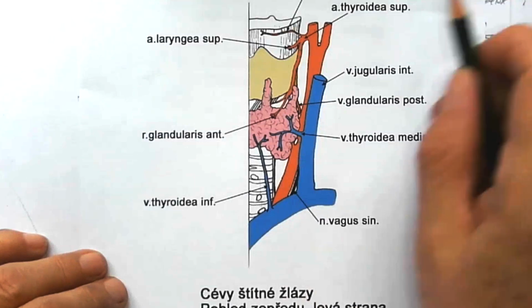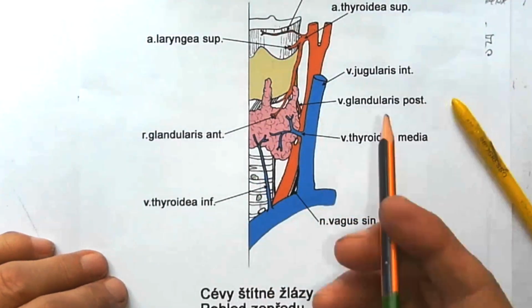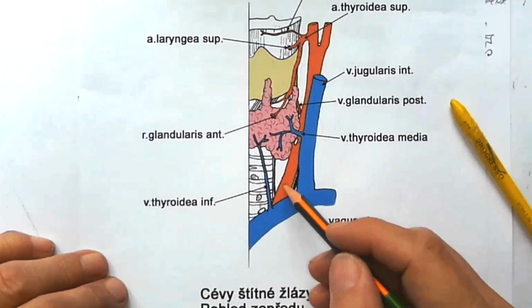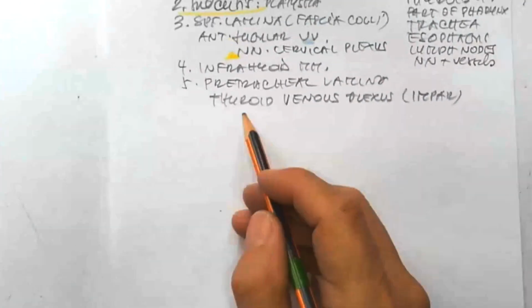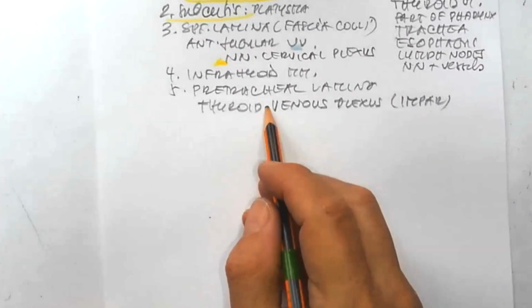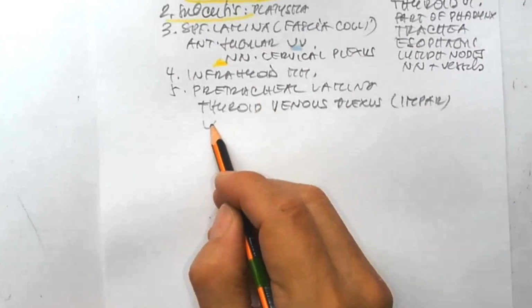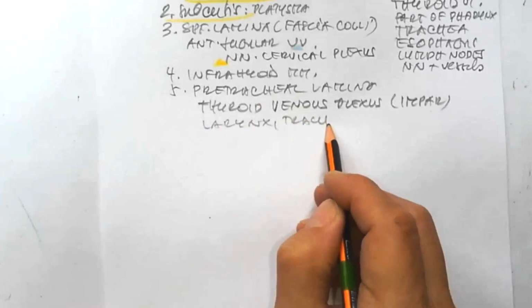And here we see the lymph nodes, pretracheal lymph nodes. And then dorsally, posteriorly, between the artery and vein descends the vagus nerve sinister, nervus vagus sinister. That's it. So venous plexus, impar. Then at the same level is the larynx and the descending trachea.